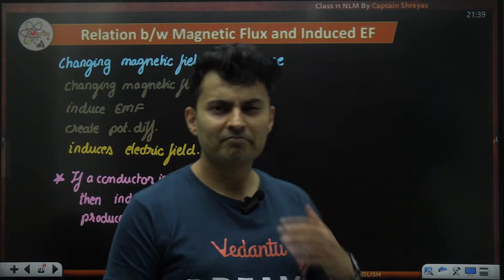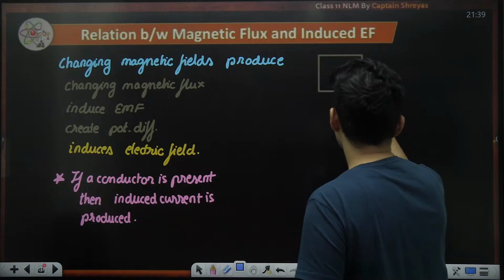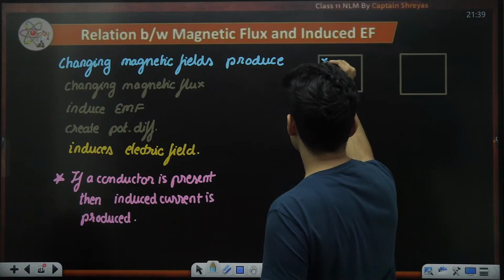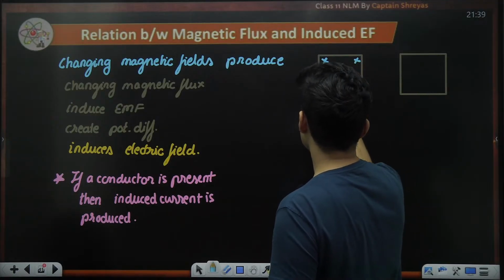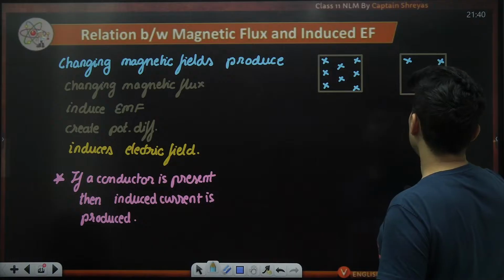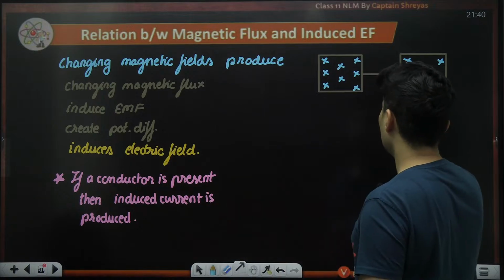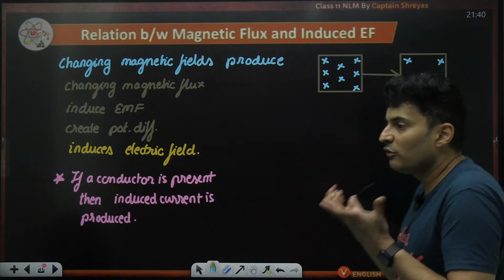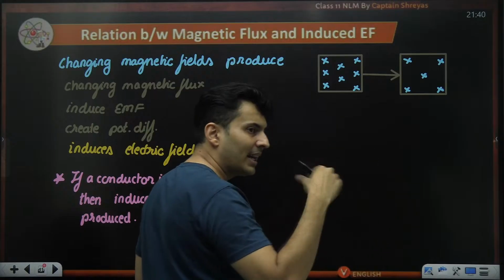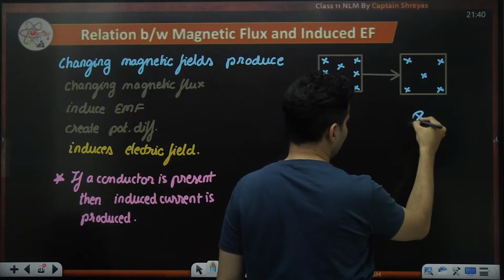As simple as that. So, say for example, I take a certain region and I see that there is a magnetic field which was there over here, which was very, very strong. And let's say suddenly it becomes weak. What should happen? Induced magnetic field should be created inside, to help it, to strengthen it.